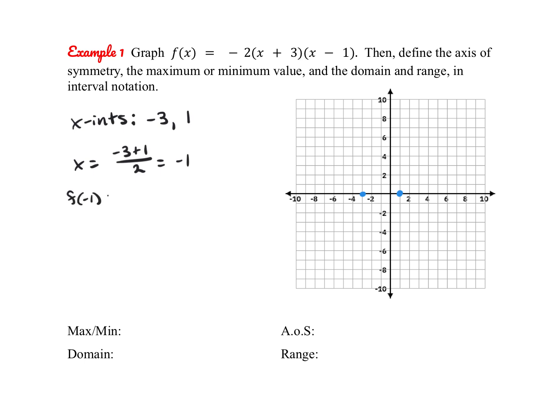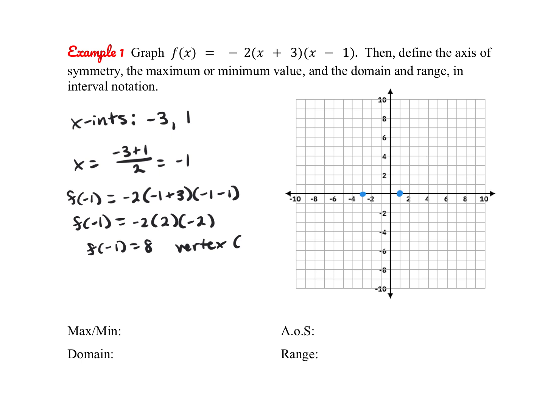So let's plug that in to find the y value. -2 times (-1 plus 3) times (-1 minus 1). I'm just plugging it into our function here. So -2 times +2 times -2. So f of -1 is +8. My vertex is (-1, 8).